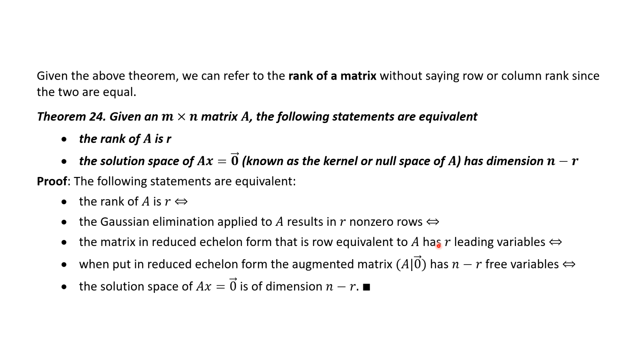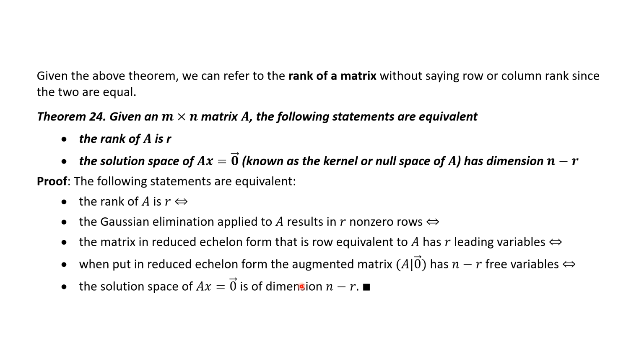And this is true if and only if, when we put in reduced echelon form the augmented matrix A with 0 in the right column, it has n minus R free variables. So from here to here is maybe a little bit hard to see, but I'll show you in an example exactly what's meant here. And then if you have n minus R free variables, that means that the solution space of AX equals 0 is of dimension n minus R, which is what we wanted here.